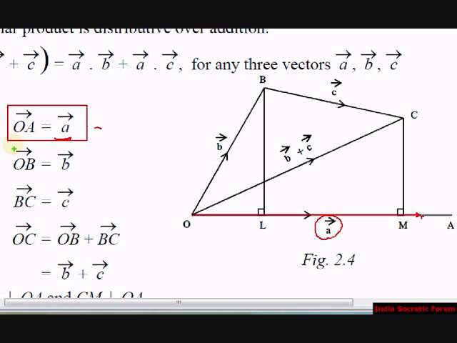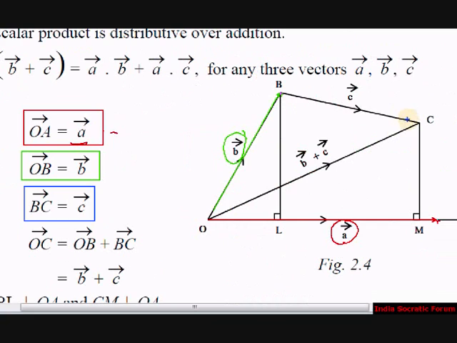The second one we take is the OB vector. Let us draw an OB vector and give it the name B vector. The third one is the BC vector. Let us draw a BC vector and denote it by C.